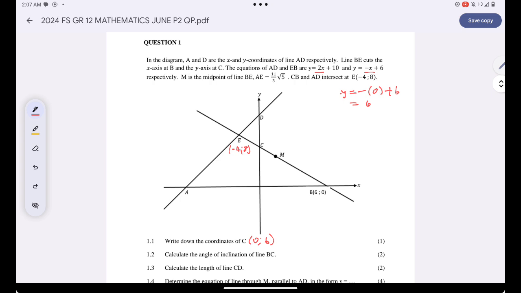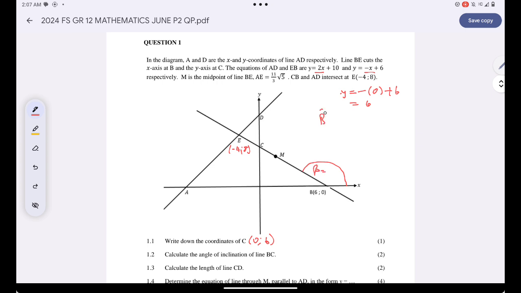Calculate the inclination of line BC. How can I calculate it? I only need the value of the gradient for me to find the inclination. I will call the inclination beta.